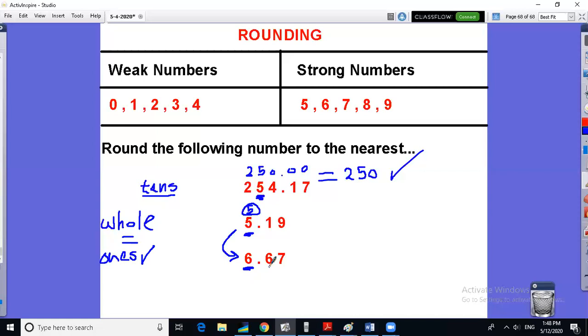It's 6. Is it strong or weak? It is a strong number, so it gives 1. So 6 becomes 7. Everything after it becomes 0. There is nothing before it, so forget about it. So it's 7.00, which is just 7.